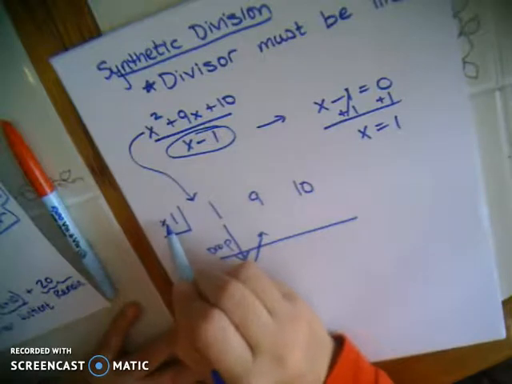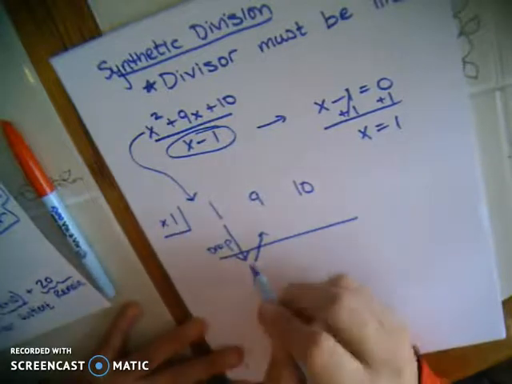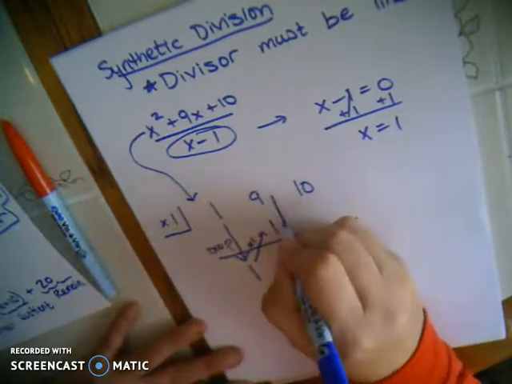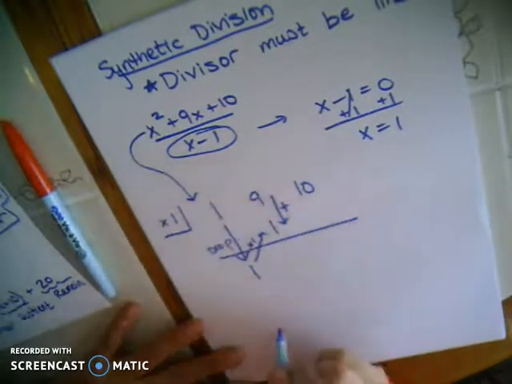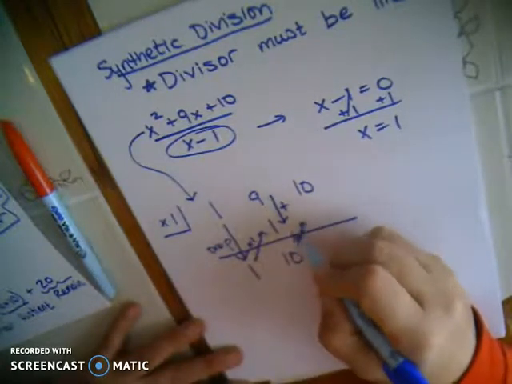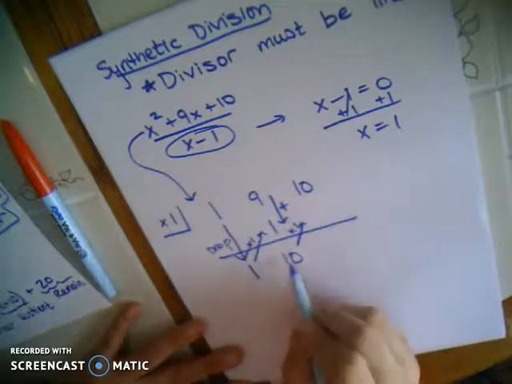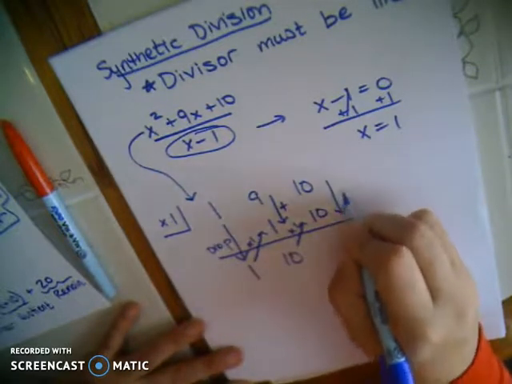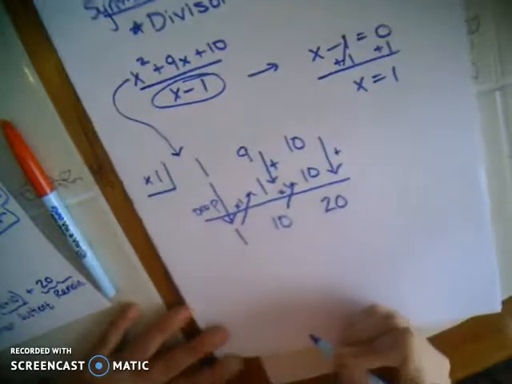So this number up here really means times 1. So 1 times 1 is 1. And then to get the new number below, we add. 9 plus 1 is 10. To go up, we multiply by the number in the box. 10 times 1 is 10. And then the new number below the line, we add, and we get 20.